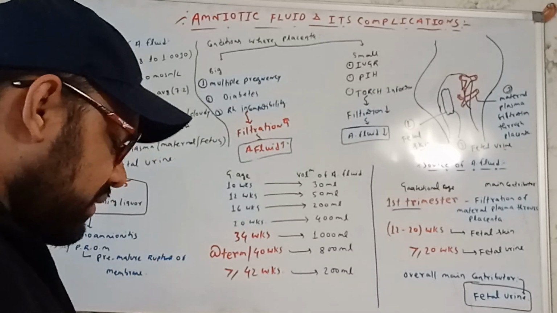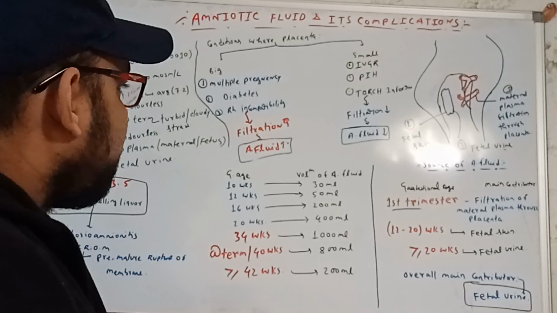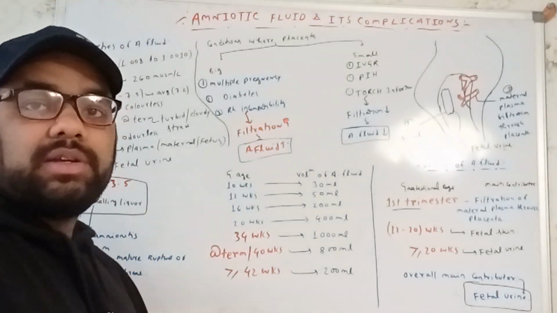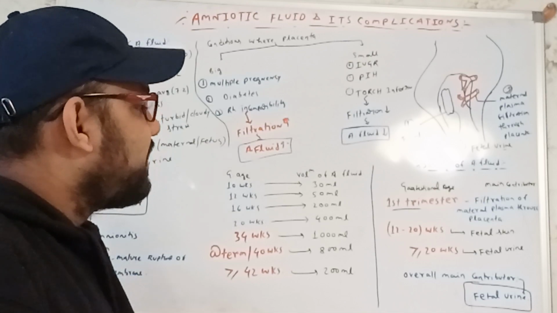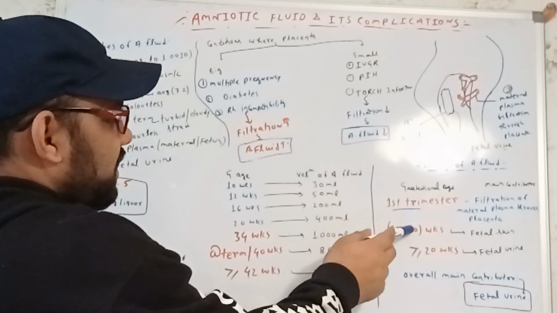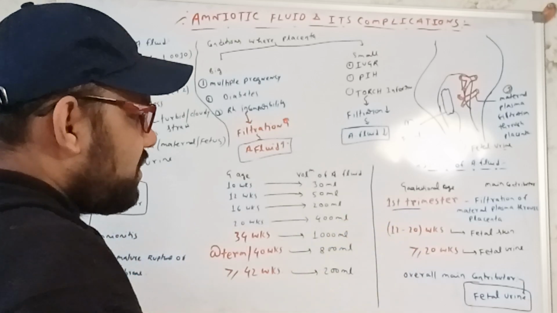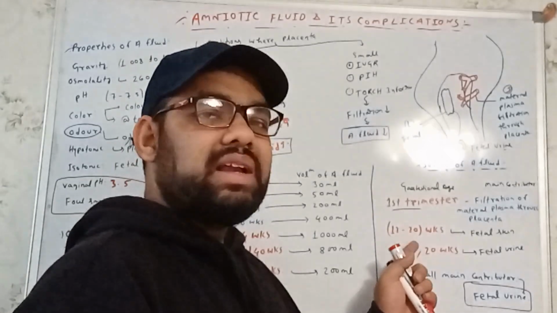Now we have to talk about certain other things. For example, if we see some abnormalities, as I said over here, the different line marks in the first trimester, the second trimester, and the third trimester, right? Now see, by the end of 20 or 22 weeks, the fetal skin will be keratinized.